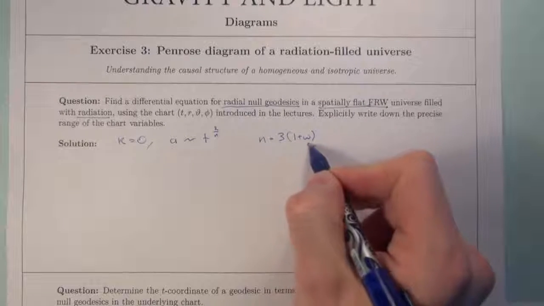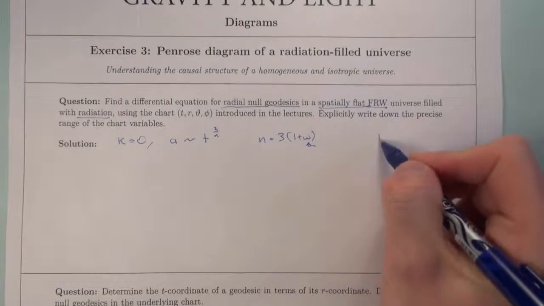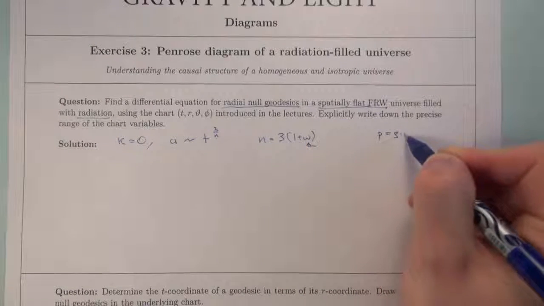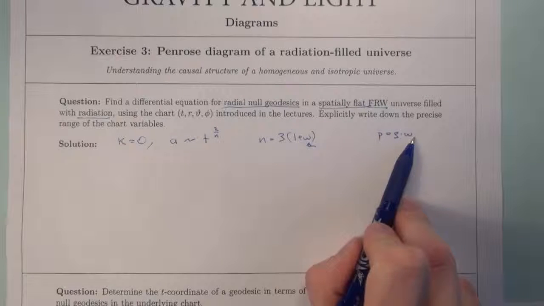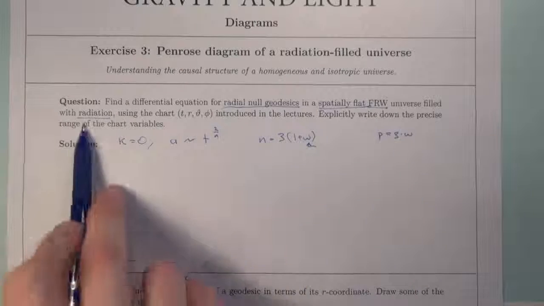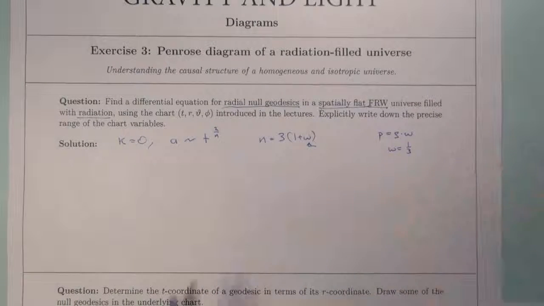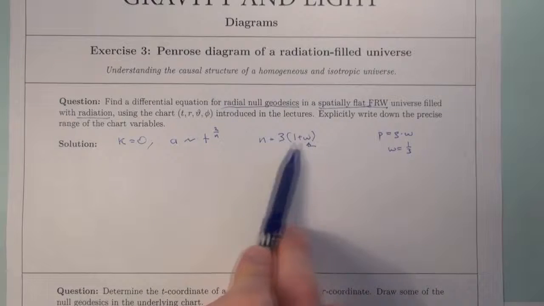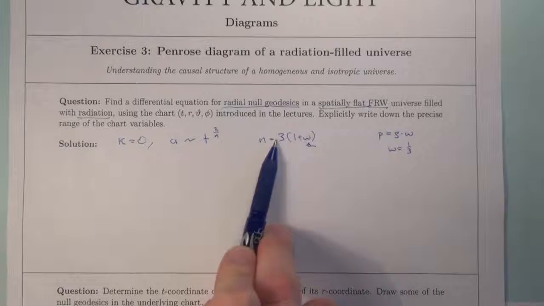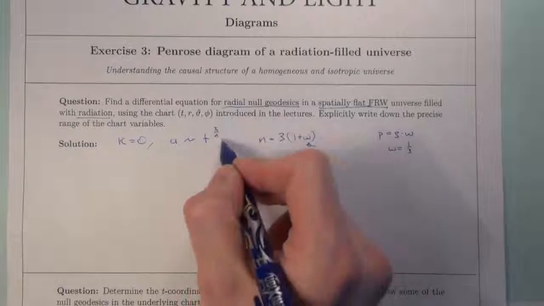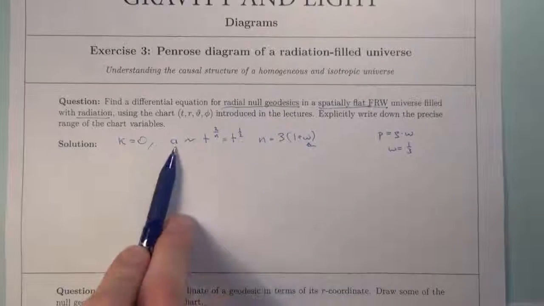This comes from the equation of state, that is P equals rho times omega, and different omegas produce different matter types or radiation. For radiation we had omega equals 1/3. If we plug that in, 3 times 4/3 produces a 4, and that means in our case we have t to the 1/2 as our scale factor.